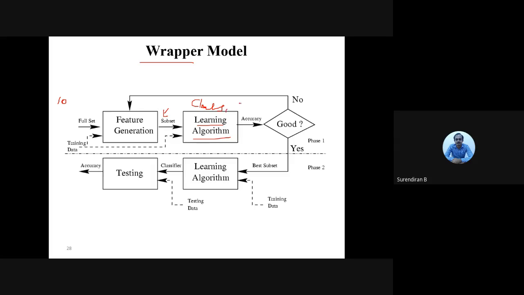Based on the accuracy, it will identify whether the subset is a good or best subset. If it is a best subset, then it will apply for another classification algorithm, and then we'll get the accuracy. Otherwise, it will identify the next subset of features. So this is a wrapper-based model. Here the difference is it uses a classifier as the learning algorithm.